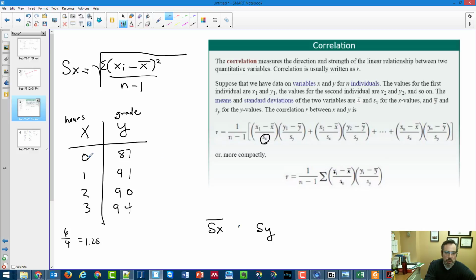So with the 0 I would do that, and then I do it with the 87, and I would subtract them, divide it by the standard deviation, multiply those things together, and that just gives me the very first one. And then I have to do it again for the second ones, and I have to multiply them and add it to the first ones, and I have to do it again for the third and the fourth and the fifth, and you could see that this would become a mind-numbing chore. So we will be using software to find the correlation.